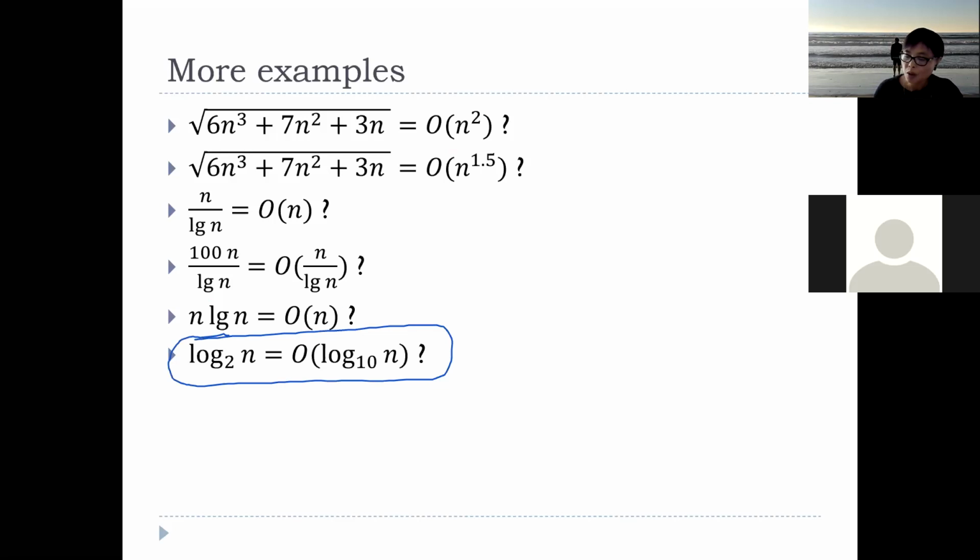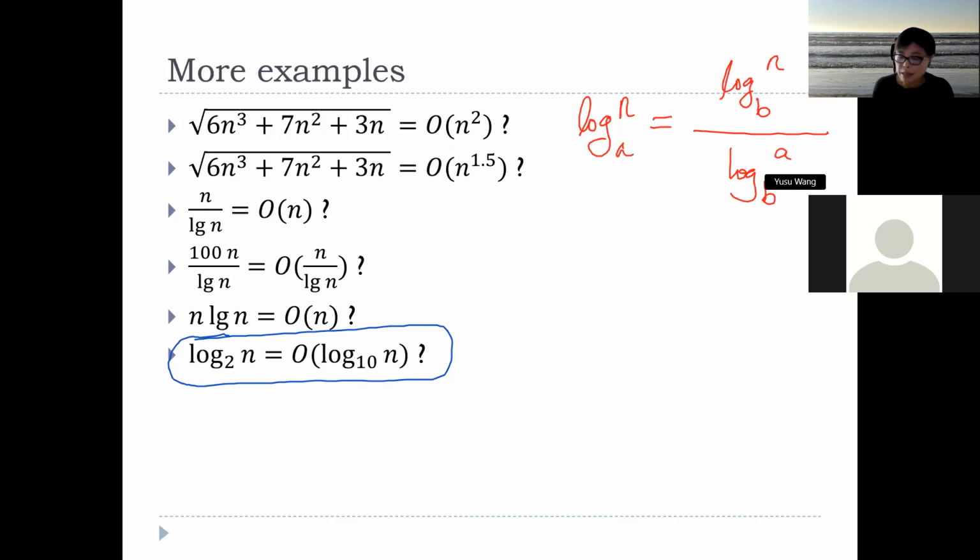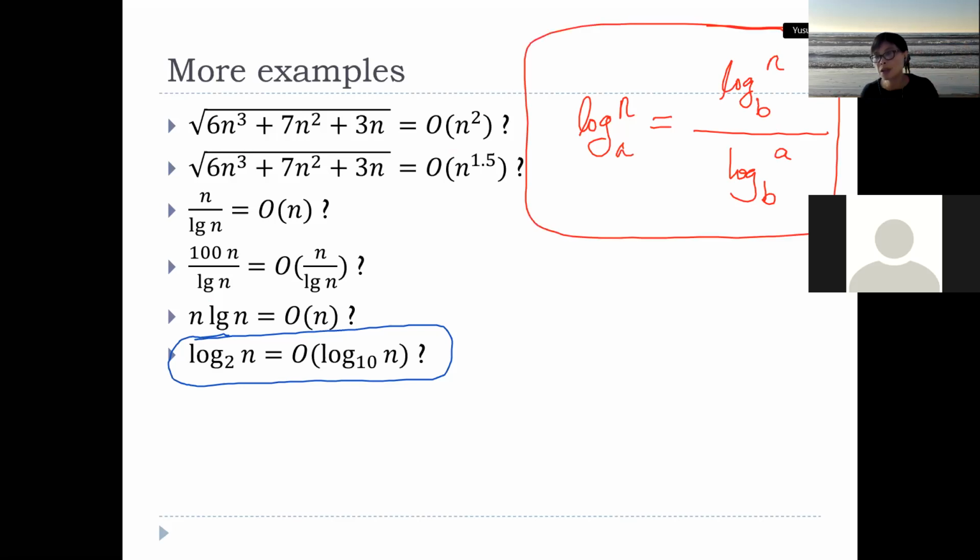For logarithm functions, we have the following formula: log m base a equals log m base b divided over log a base b. This is a change of base formula to help you convert the base of a logarithm function to a different base.